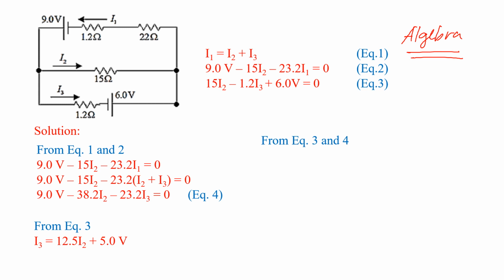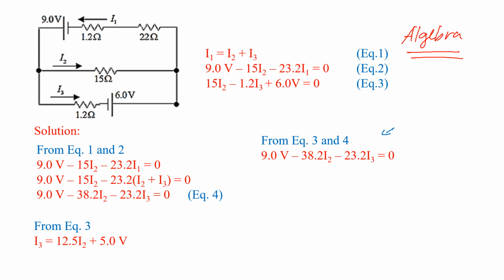And from equations 3 and 4, so I will be using now your equations 3 and 4. This is again your equation 4. And take note that from your equation 4, I have a term of I3. And I will be using this I3 to substitute it in this equation here.